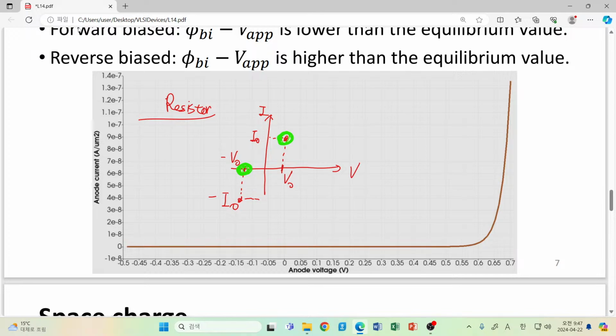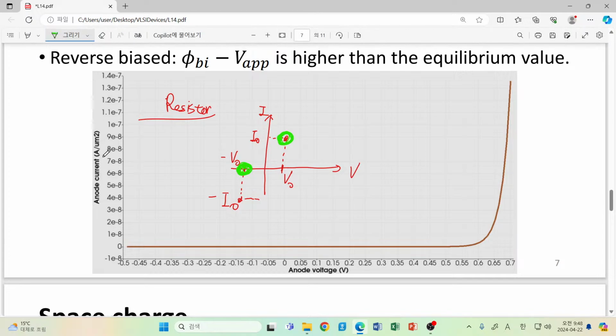So simply speaking, in the case of a resistor, you just care about the magnitude, and the sign of the output current just follows the sign of your input voltage. However, in the case of this nonlinear component called a PN junction, you have a clear distinction between positive bias and negative bias. And why do we have such a non-linear behavior?